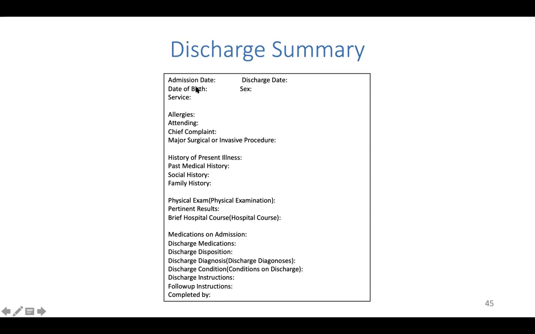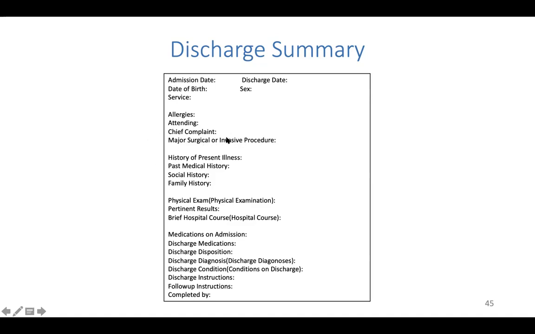So it's a high-level summarization. Obviously, I'm starting from the admission date and discharge date because this is a summary of the entire hospital stay. The note will have to record when you entered the hospital and when you were discharged from the hospital, and then your basic demographic information and your past history, like what kind of allergies you have, what kind of complaint you had, and then starting from here is what you've experienced as a patient.